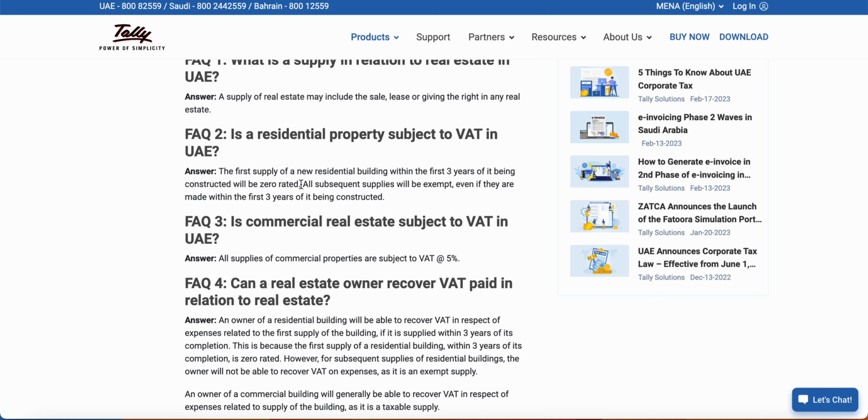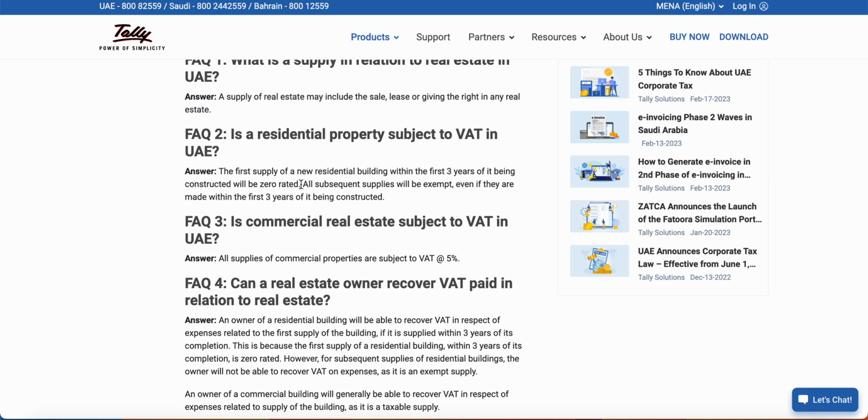So there come two situations. One is that if you have not met this limit of 375,000 dirhams in the previous 12 months, then you don't have to register and you can just issue a commercial invoice.